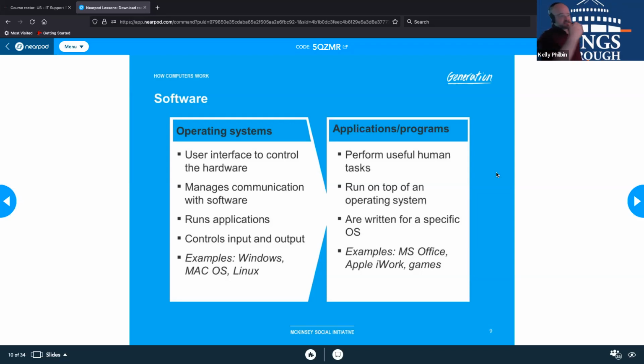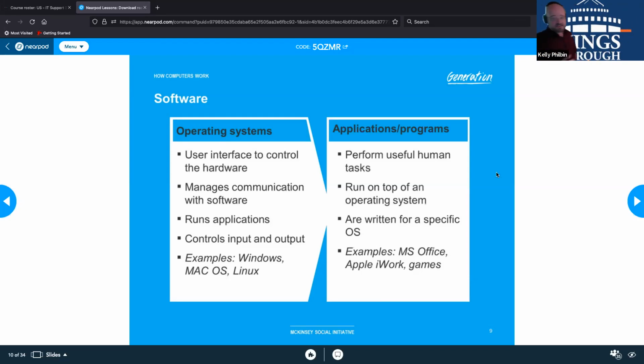They're not as computationally intensive as a full-blown operating system, but it gives us greater functionality. Weather apps, financial apps, being able to monitor the stock market, study aids, all that kind of fun stuff. Those are applications and programs that run on top of our operating systems.